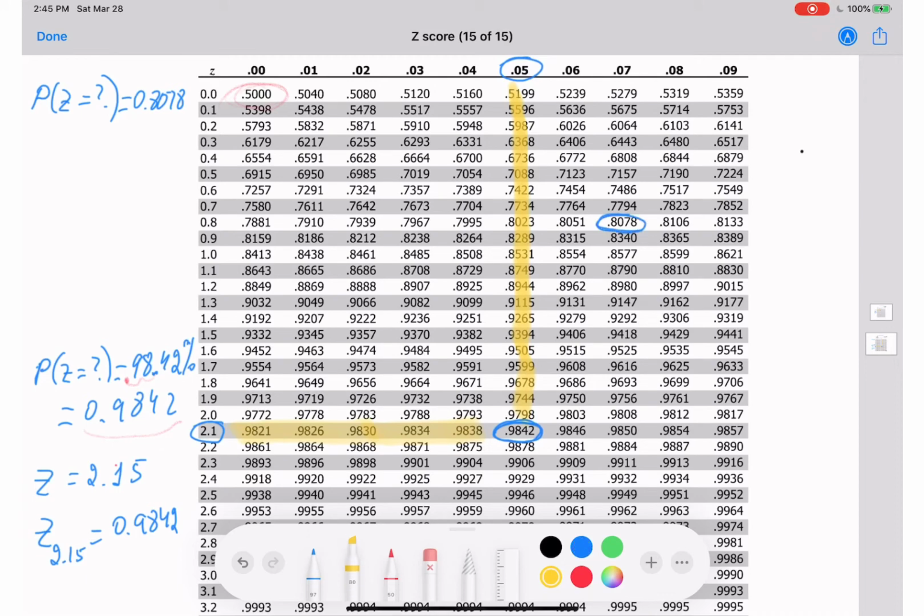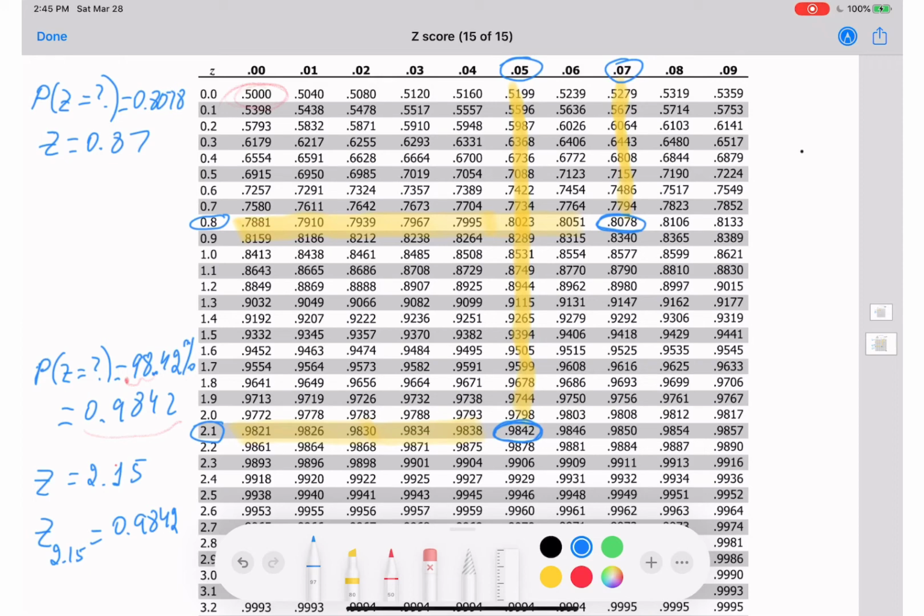Which means the z-score for this probability is going to be 0.8 and 0.07. 0.8, and here we have 7. Okay, but here is the thing, not always are we going to be so lucky and find the precise value.